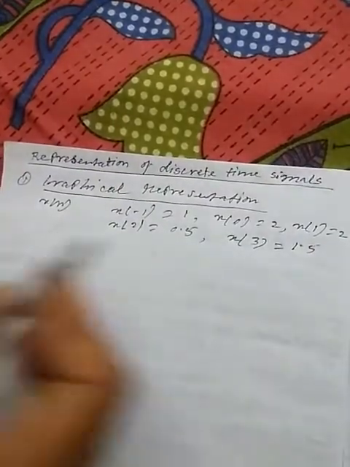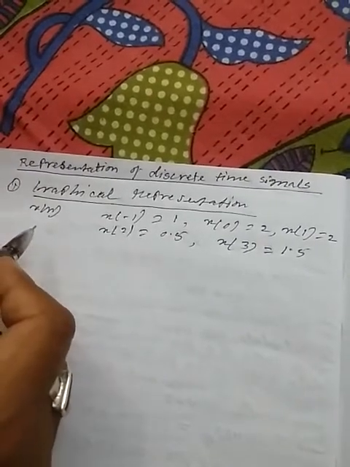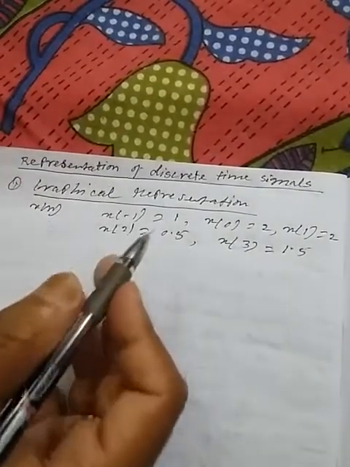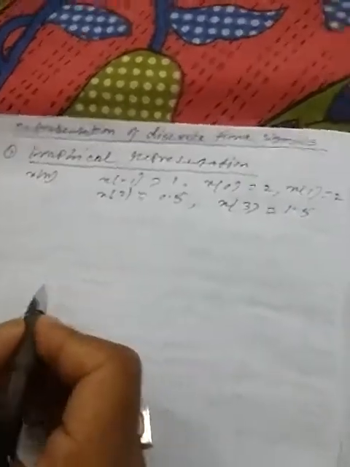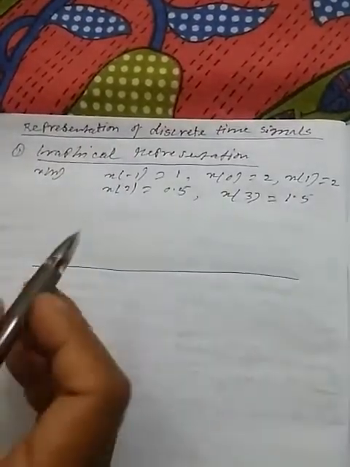Suppose these are the values of this signal x[n]. Now we have to represent this signal in graphical form. So at first we have to draw a line.